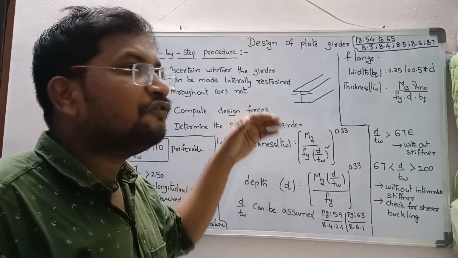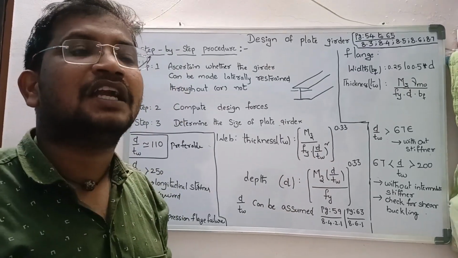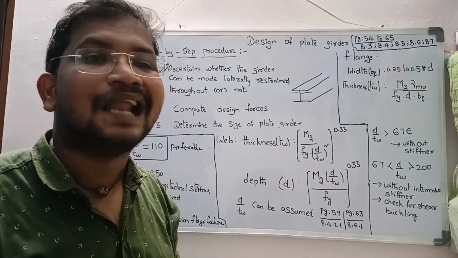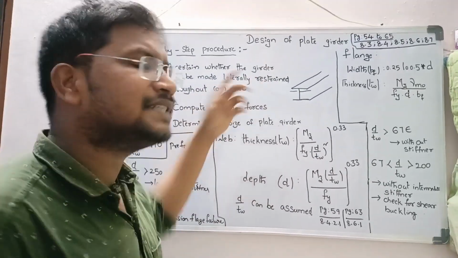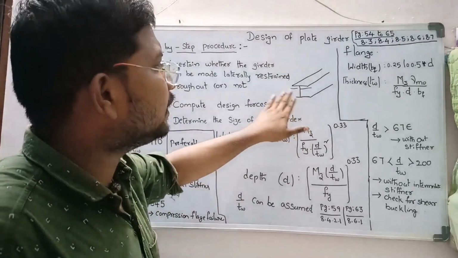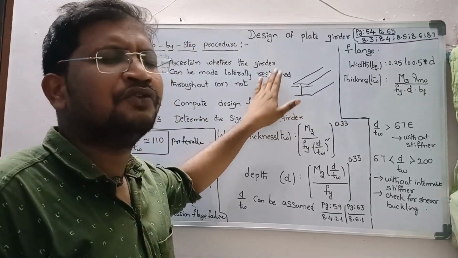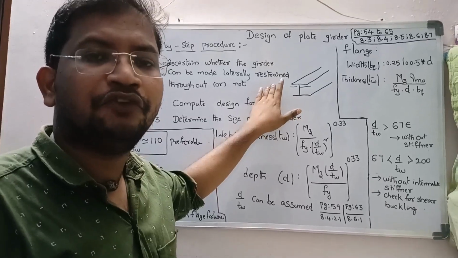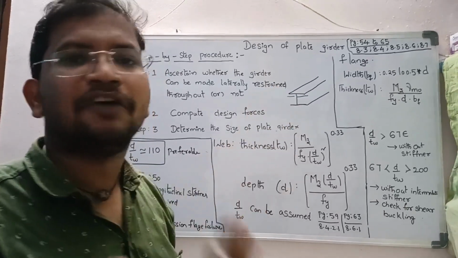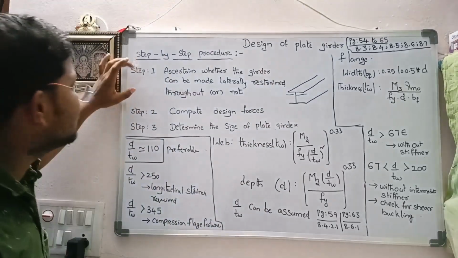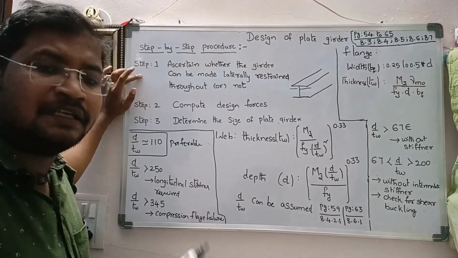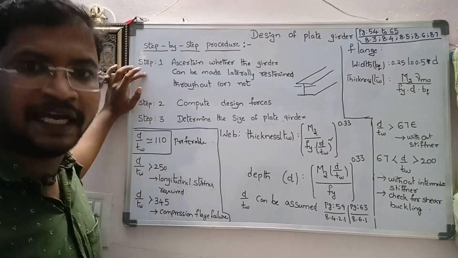The beam which resists the lateral torsional buckling is known as a laterally restrained beam. To get the complete information, we need to watch the video on the design of beams. In step number 1, we need to ascertain whether the beam is laterally restrained or not.